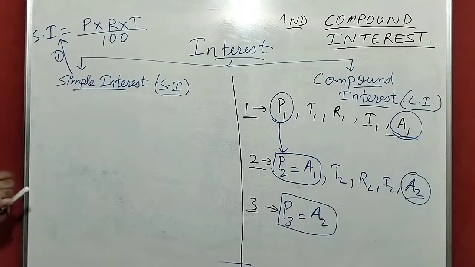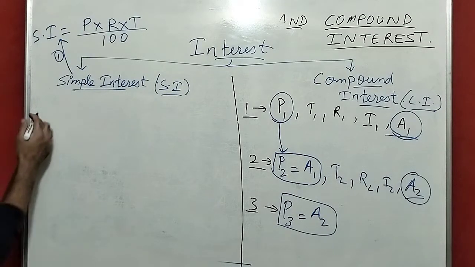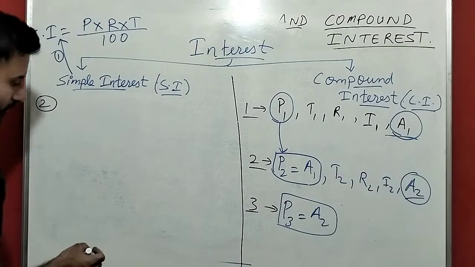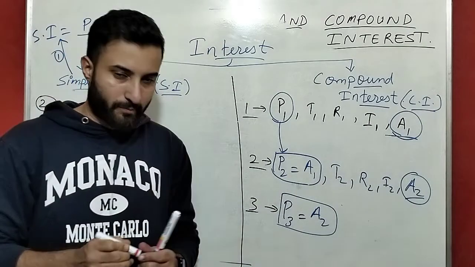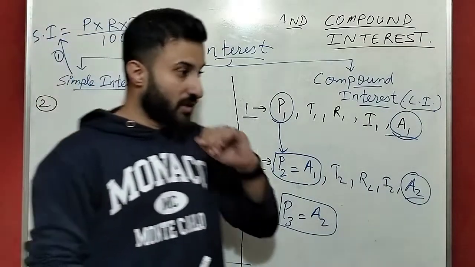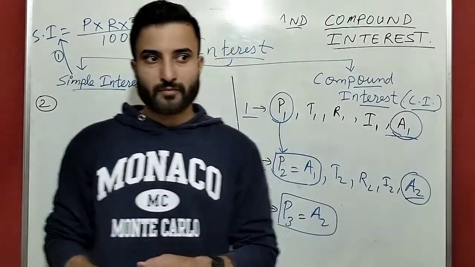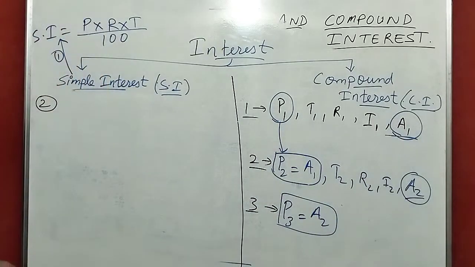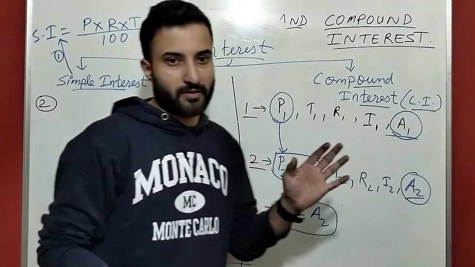Now we will go on to the second formula. See guys, the second formula and the third formula for simple interest are a little conceptual. You have to remember the concept.